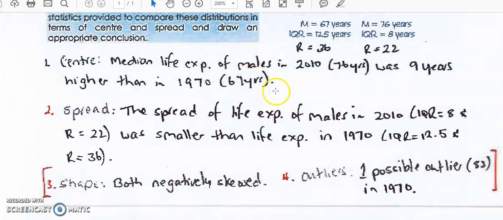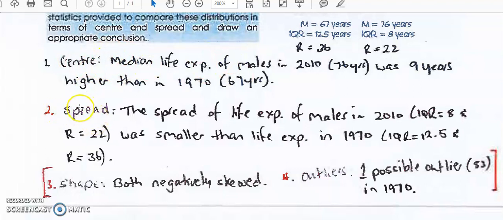So as you can somewhat tell at this point, as the years went on, it's safe to make an assumption, not conclude yet, that the life expectancy for males in this case is slowly getting higher and higher. That's all you've got to talk about for the center.